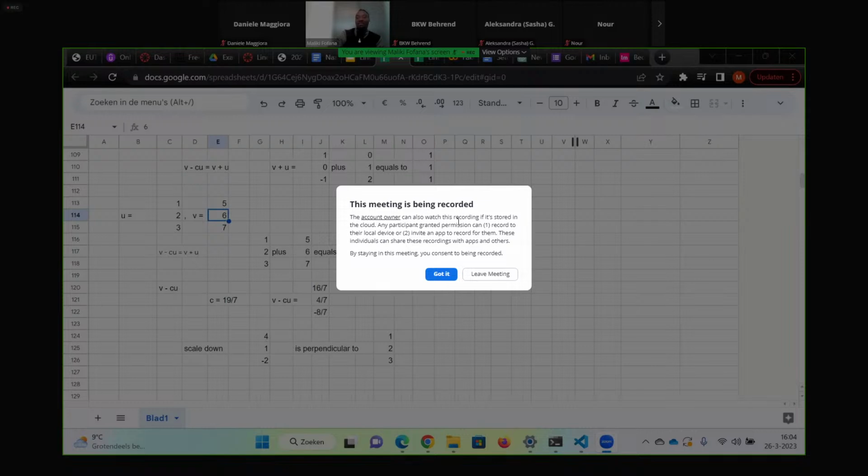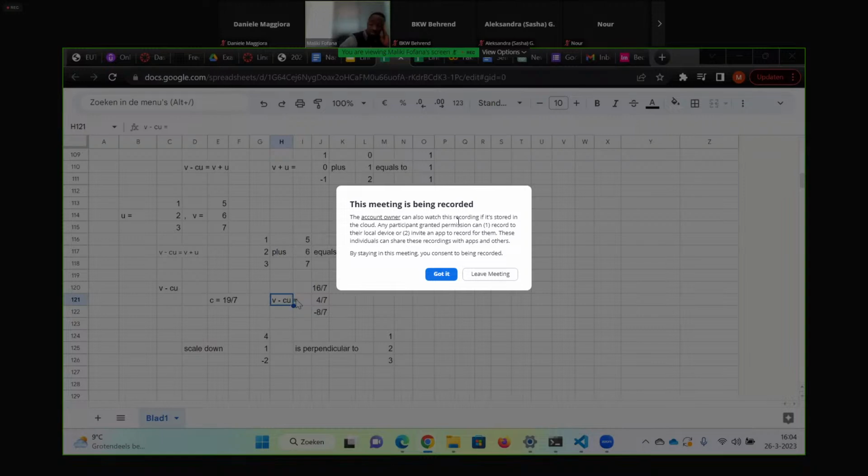Just before you go, there's one last question in the chat. It's about C, and basically Sasha is asking if it's supposed to be negative. Yeah, negative. No, it should be positive. And I gave the intuition by saying that if you look at this and say, okay, what can my v possibly be?